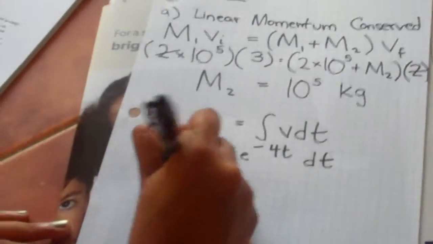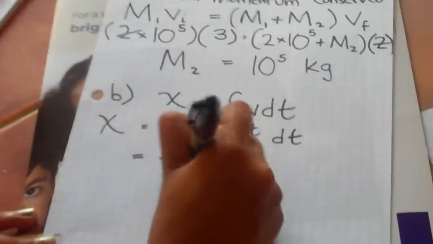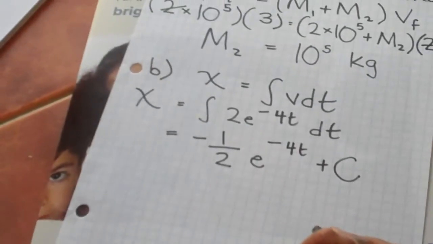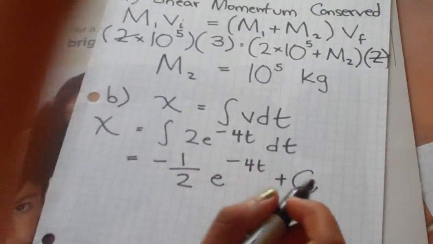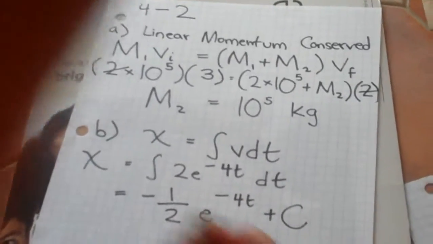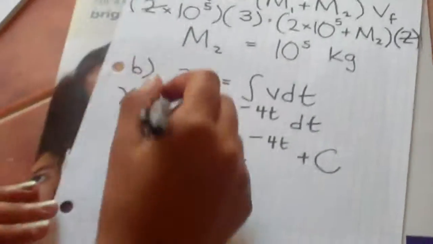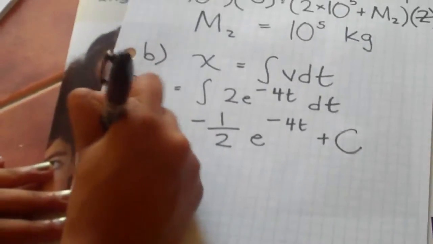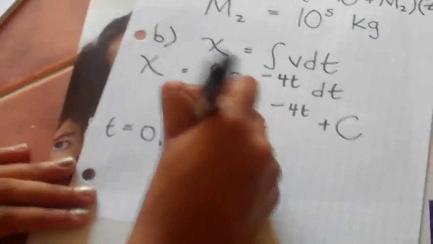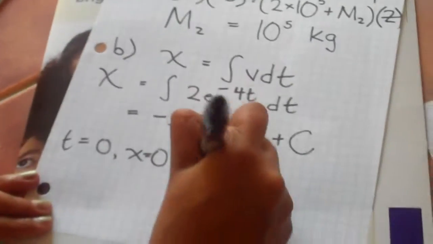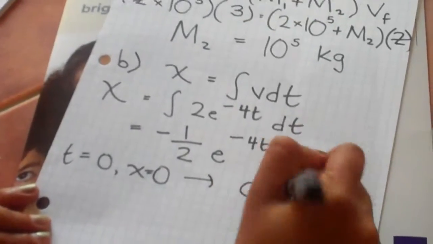And with a bit of calculus, we know that this equals negative 1/2 e to the negative 4t plus c, because we are integrating without defined limits. So we can substitute in this expression to solve for c. If t equals 0, we also know that x equals 0 because this is the initial state. So solving for that, we know that c equals 1/2.